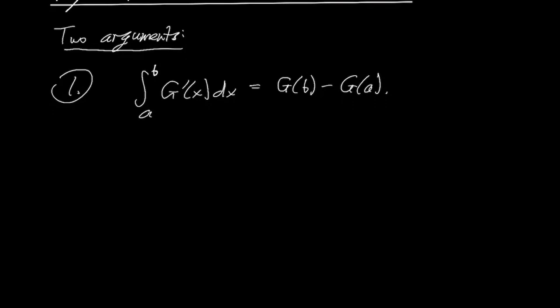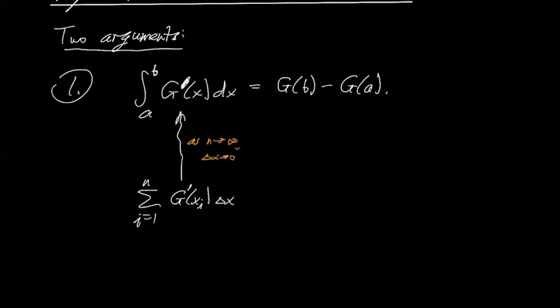Remember, we think of this as the limit, I want to use i, not n, of the sum from i equals 1 to n of g prime of x sub i delta x, as n goes to infinity and delta x goes to 0.